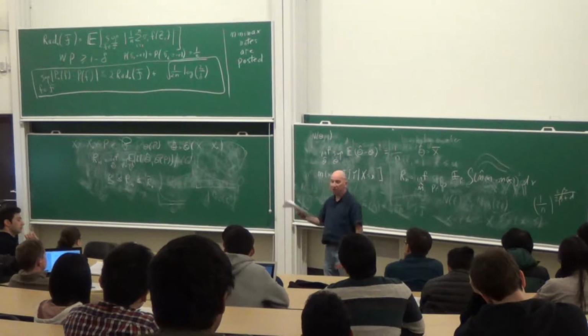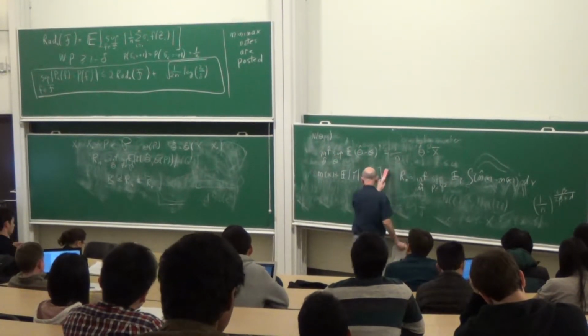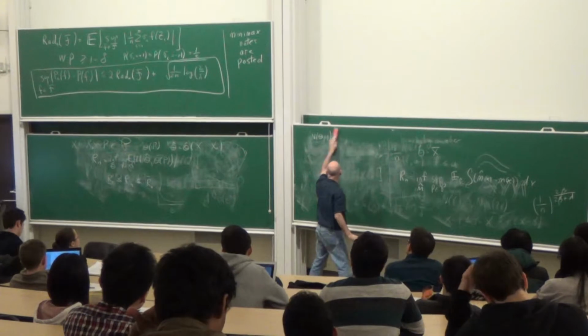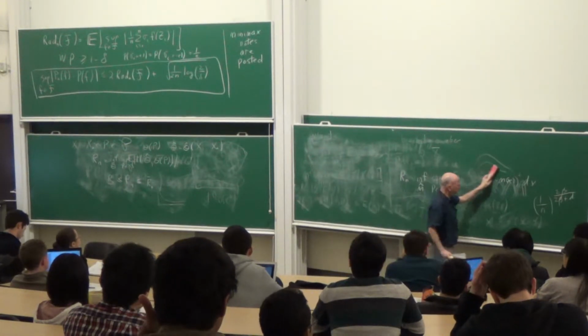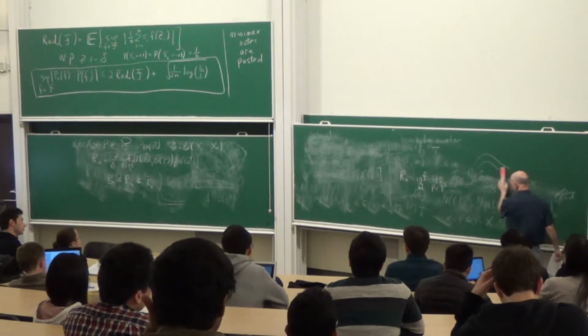So let's talk about how we get these upper and lower bounds. The good news is that the upper bound is often pretty easy to get. In fact, here's a trivial upper bound.